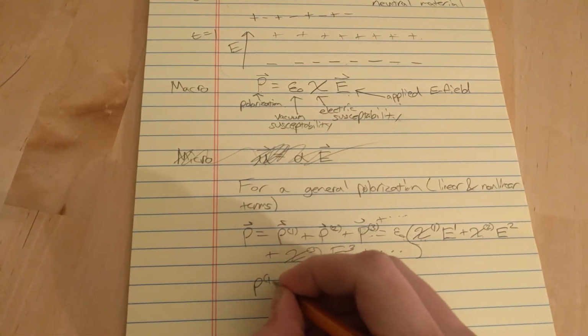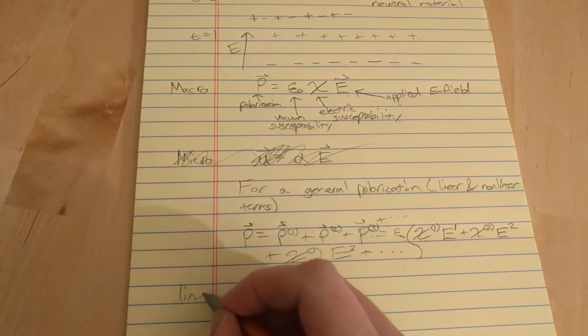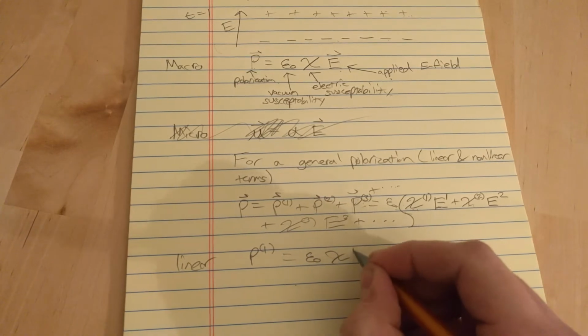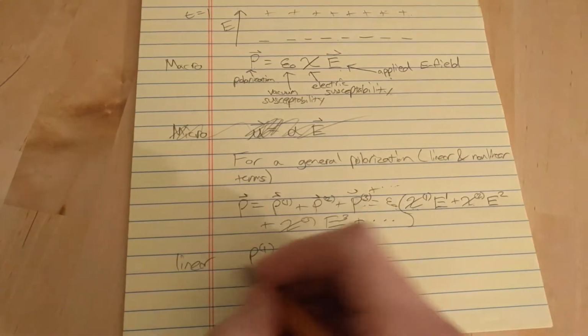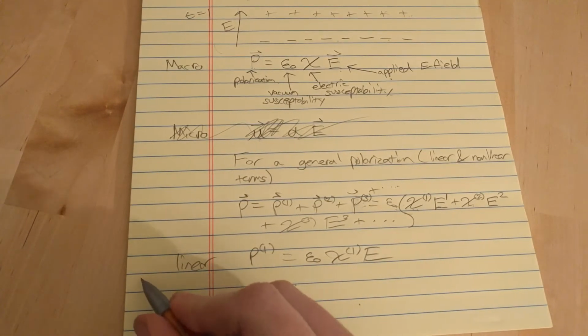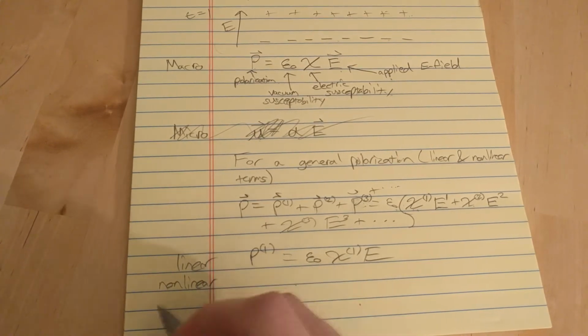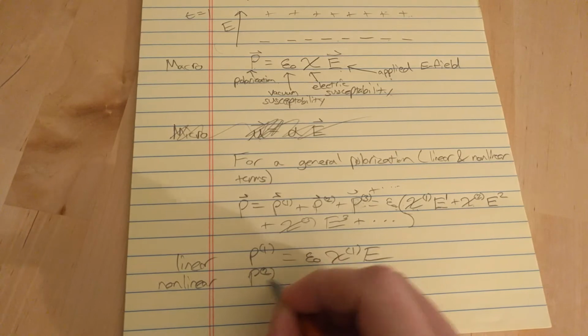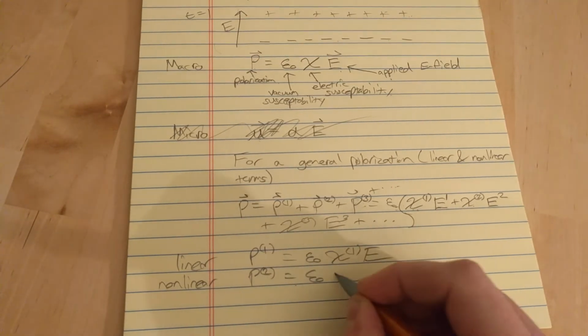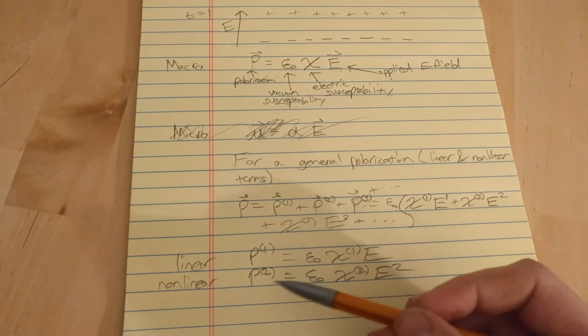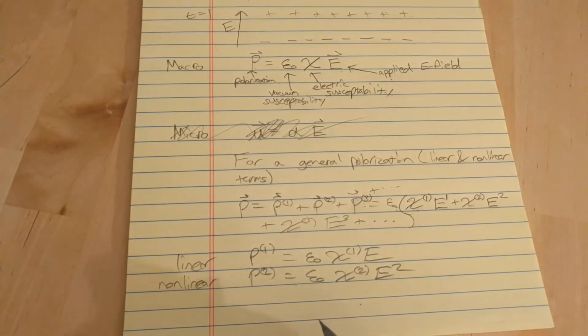So, for linear, you got P1 equals epsilon naught chi 1 times E. For the first nonlinear term, P2 equals epsilon naught chi 2 times the electric field squared. Okay? And keep doing that.